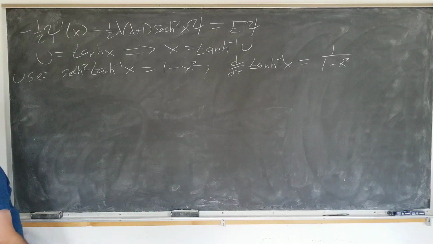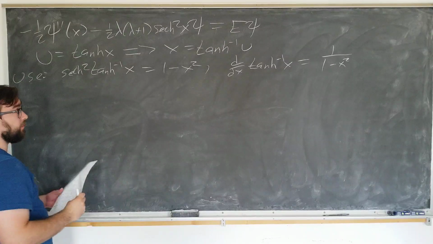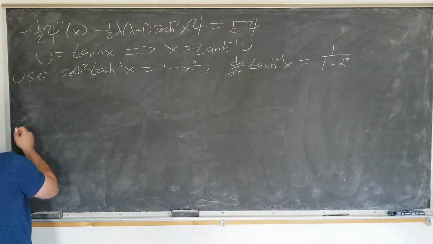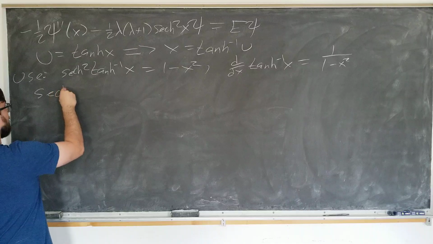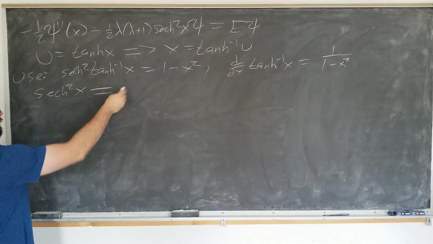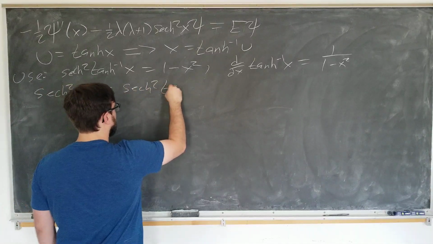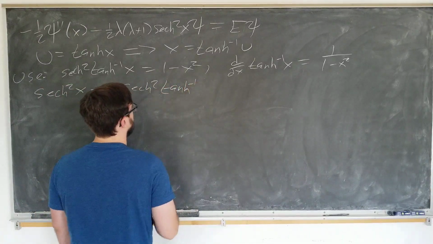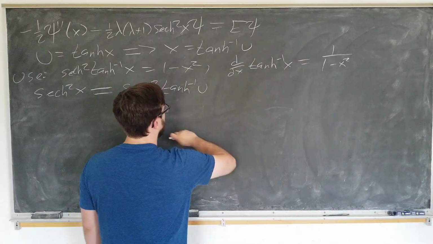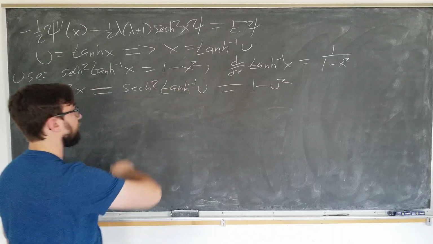First step is to transform the potential here from x space into u space. That's pretty straightforward. So we have sech squared x just corresponds to this identity here, sech squared tanh inverse of u. And this is just 1 minus u squared per the above identity.